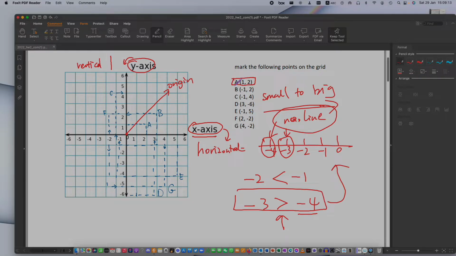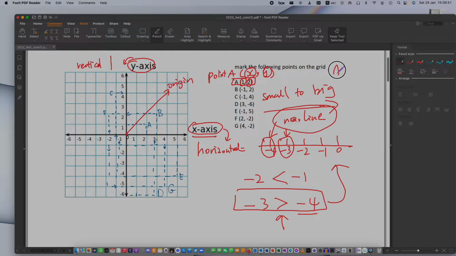point A. Point A is given by the x and y coordinate. The first number, the 1 here, is your x coordinate. The y here is your y coordinate, and the x and y coordinates are separated by a comma. Remember that.